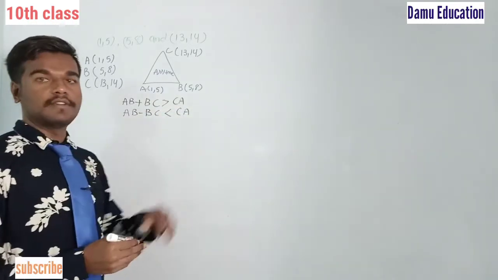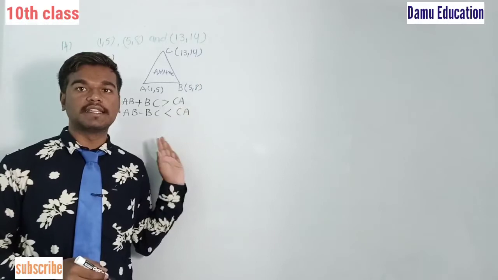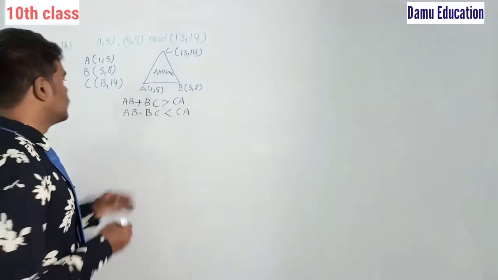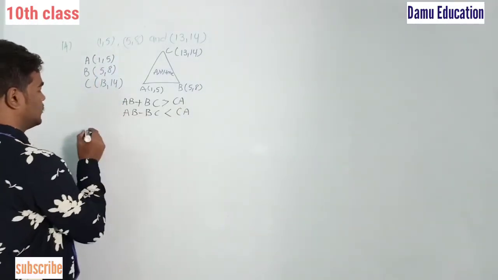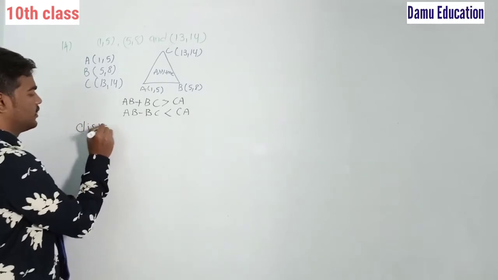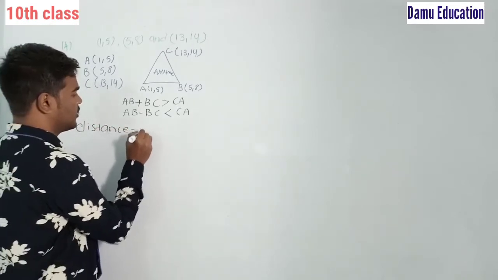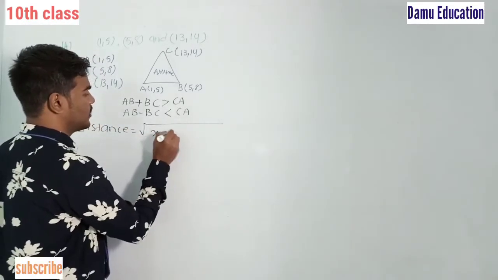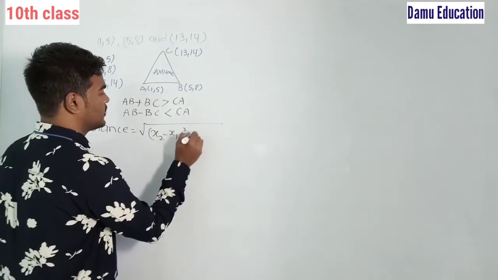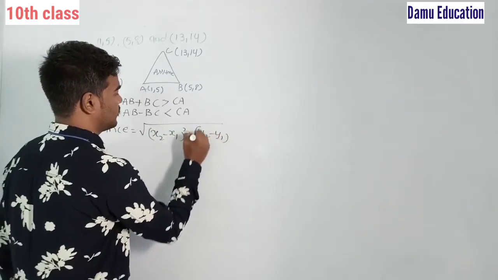It applies to all sides, not only AB and BC. So let's take the three sides. The distance formula between two points is the square root of (x2 minus x1) whole square plus (y2 minus y1) whole square.